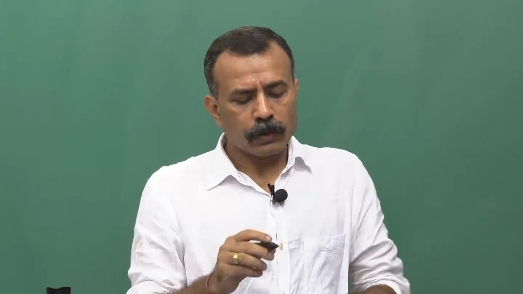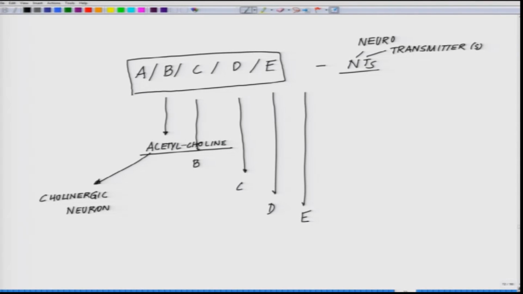Okay. So, say for example, a neuron is producing a neurotransmitter, say GABA, gamma-aminobutyric acid. So, it will be called a GABAergic neuron. Okay.